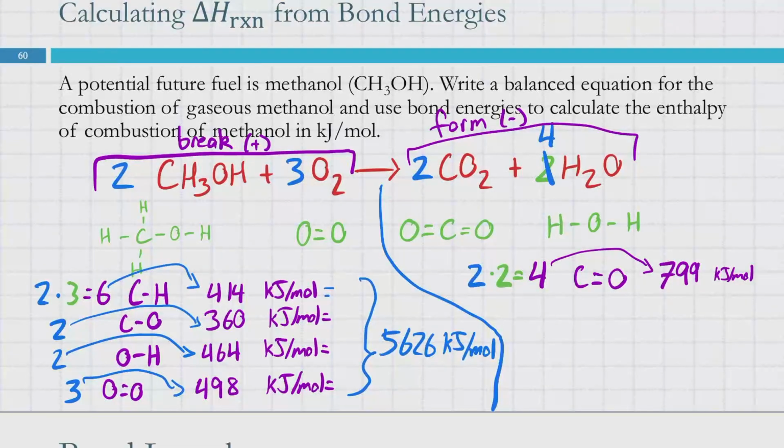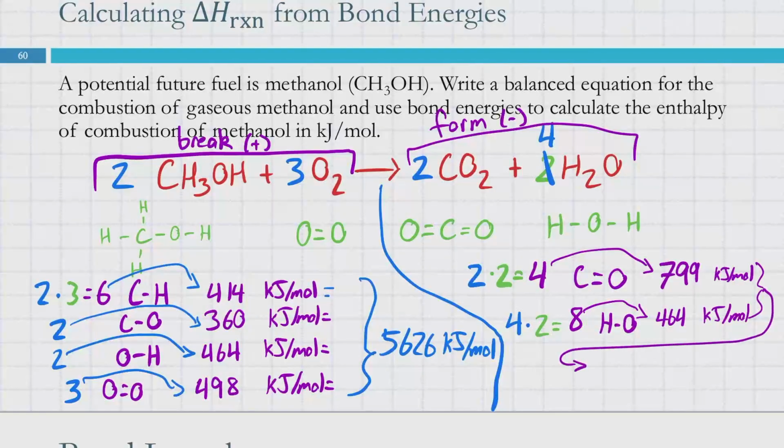We've got 4 for our coefficient times the 2 in each water molecule for a total of 8 HO bonds, and those have a value of 464 kilojoules per mole each. And we'll sum those up. So 4 times 799 plus 8 times 464.